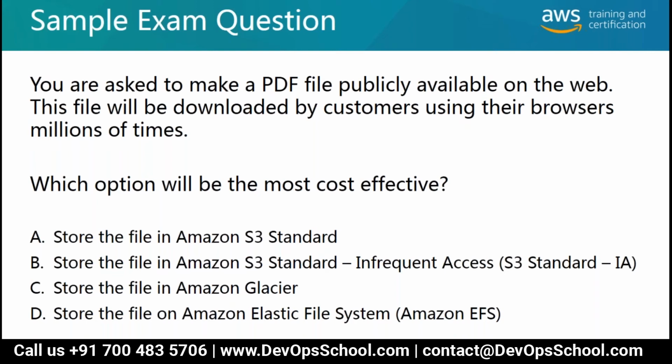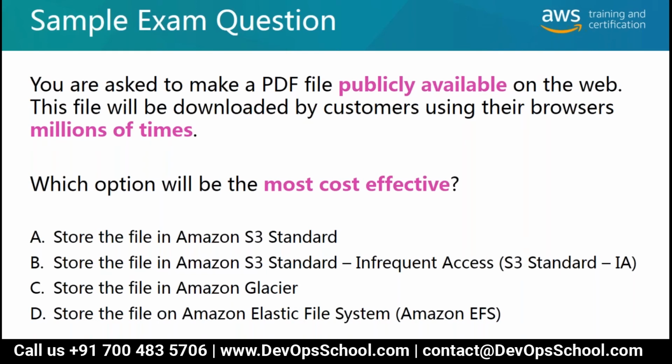What is cost-effective? Store it in S3 Standard, store it in S3 Standard Infrequent Access, store it in Amazon Glacier, or store it on Elastic File System. So you have to understand what your clues are here. So the clues are publicly available, millions of times, and most cost efficient.